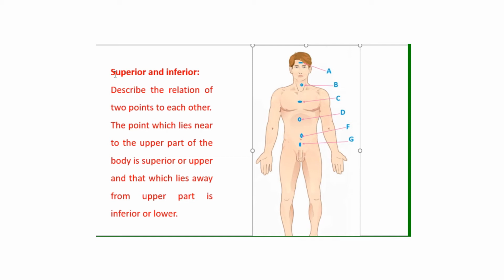The point which is nearer to the upper end of the body, of course described in the anatomical position, is called superior to that which is away from the upper end. The term superior equals upper and the term inferior equals lower.